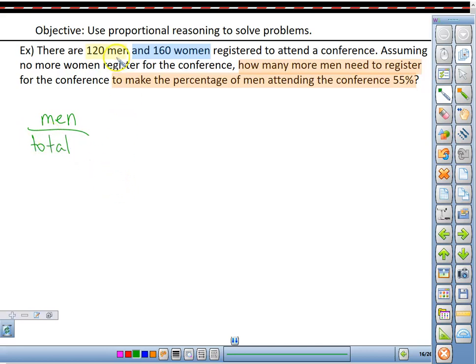So our ratio, what we're looking at, is men to the total number of people. So right now that would be 120, and then our 120 plus our 160, which would be 280. We want to change the number of men so that this ratio will become 55%. So I'm going to define my variable here.